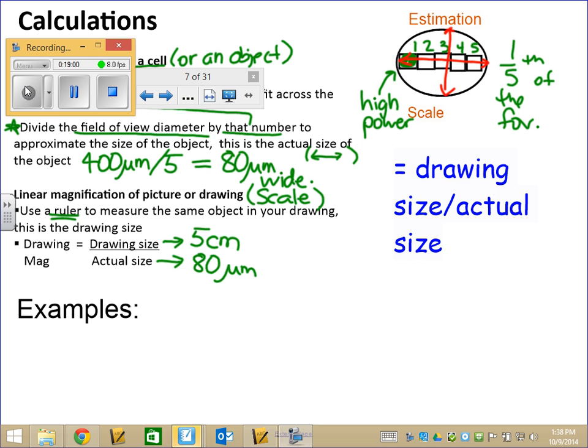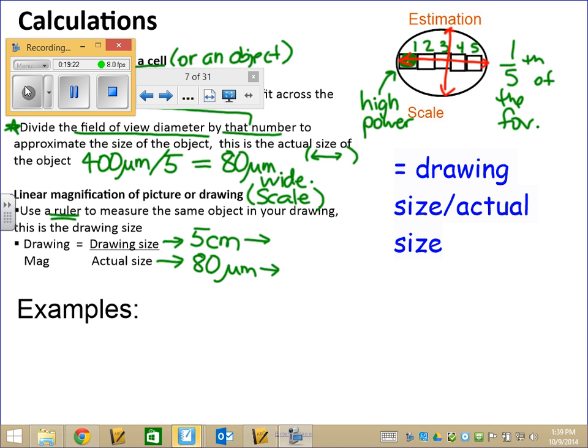And so I'm comparing what I measured with my ruler with what I just calculated, how big that cell actually is. Now, I could just divide those and be done, except that would be a really bad calculation because I don't have the same unit. And so this is a good example where you need to change units.